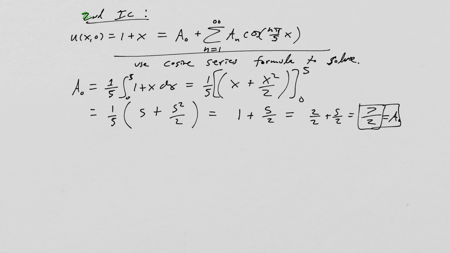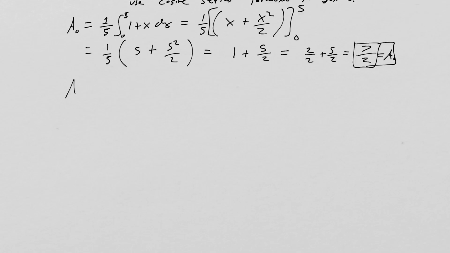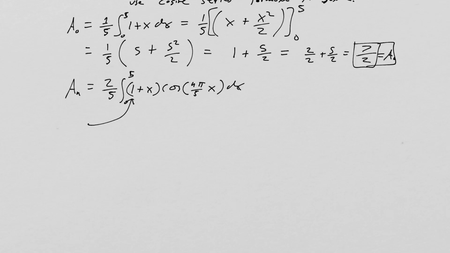The second coefficient is going to be a_n equal to 2 over 5, integral from 0 to 5, of 1 plus x times cosine of n pi over 5 x dx. So we have to note something, that that's actually the cosine of 0 pi over 5 x function, and that's going to be, of course, orthogonal to all the others.